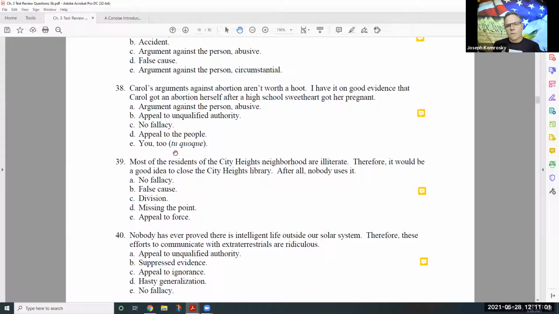We're assuming that this is shortly after she got an abortion. And this argument is not making the argument that one should or should not get an abortion. This is making the argument that there is a tu quoque fallacy going on here, and that Carol is in fact a hypocrite, right? I'm just giving you, because I know some of you are thinking beyond this.